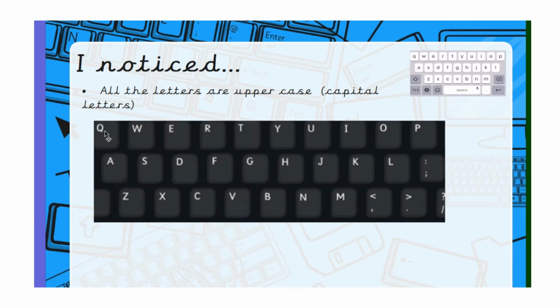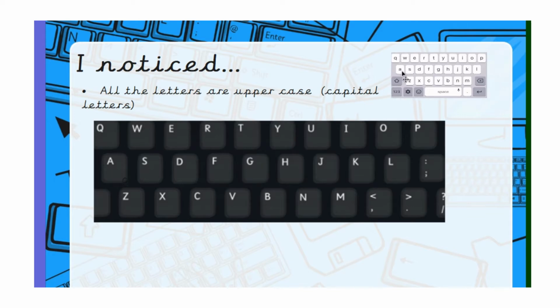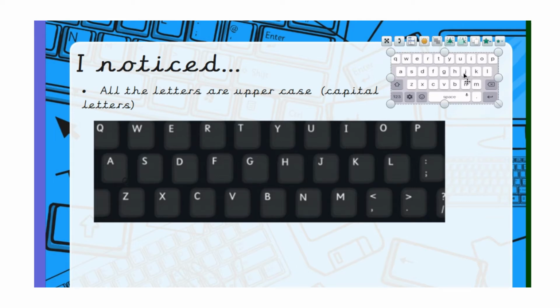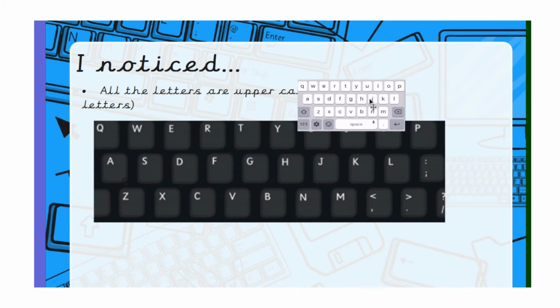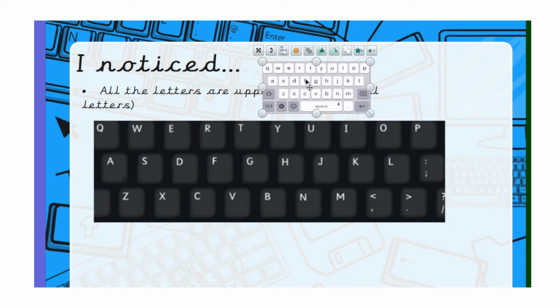Q, uppercase. W, uppercase. E, uppercase. R, T and Y. Sometimes this is called a QWERTY keyboard. That's the order of these letters here. Can you see here? That's what it might look like on your phone, or if you've got a grown-up at home with a phone. They might also have a QWERTY keyboard on there.